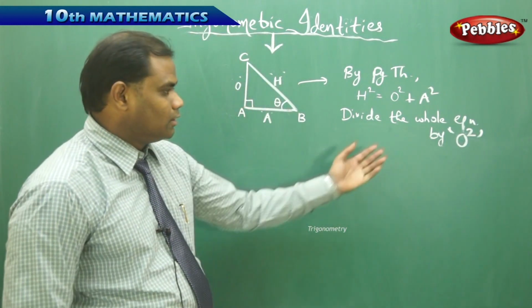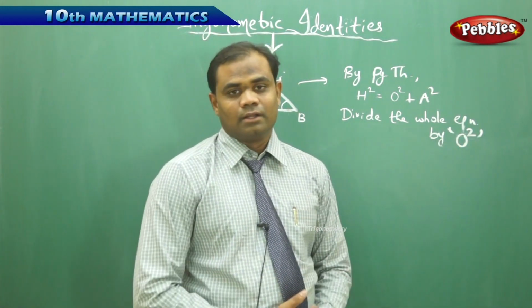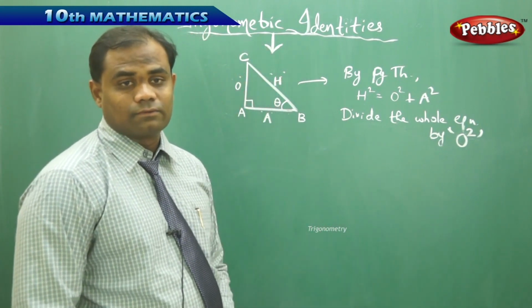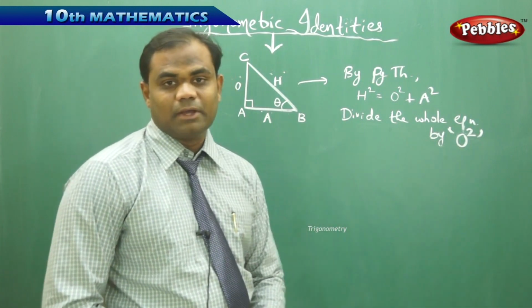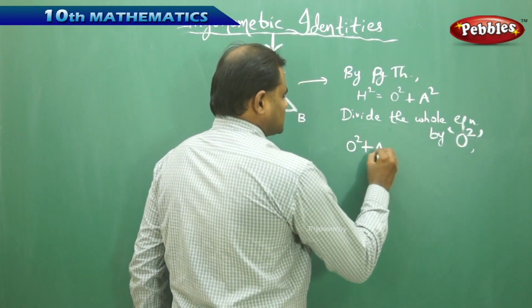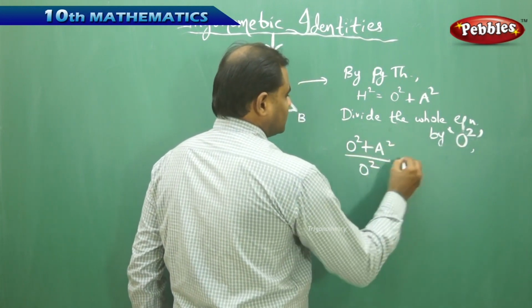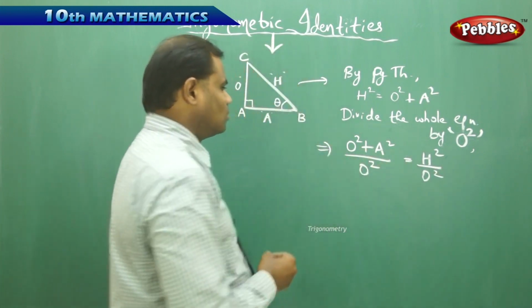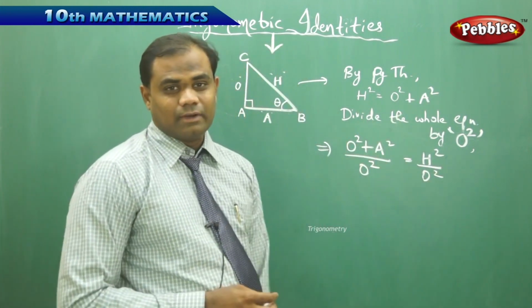Now dividing the whole equation finally with rho square, let's see what is the trigonometric identity we derive out of dividing the whole equation by rho square. So in this case, rho square plus a square by rho square equals h square by rho square, when both the sides of the equation are divided with rho square.